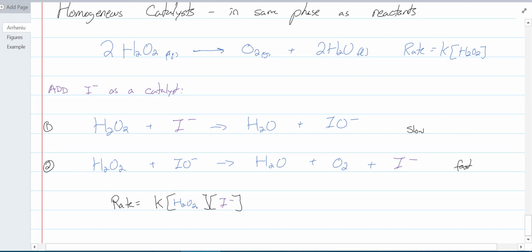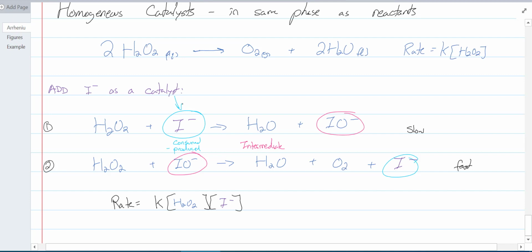So it's a different pathway. And if you look, I still have this IO minus right here, that's an intermediate. See how it's produced, then consumed, whereas my catalyst is consumed, then produced. So that's the big difference there.